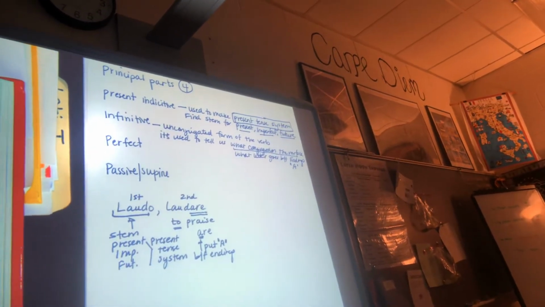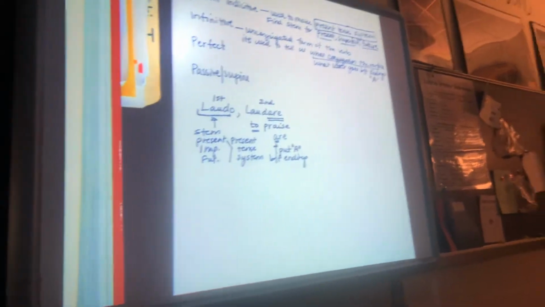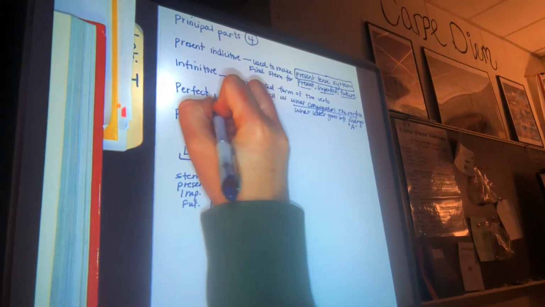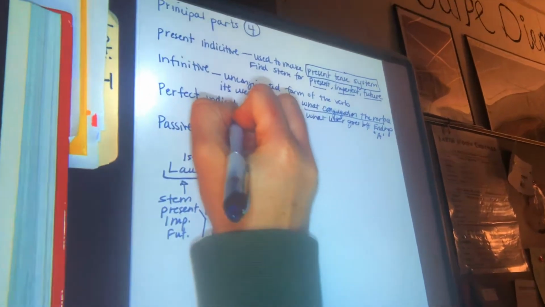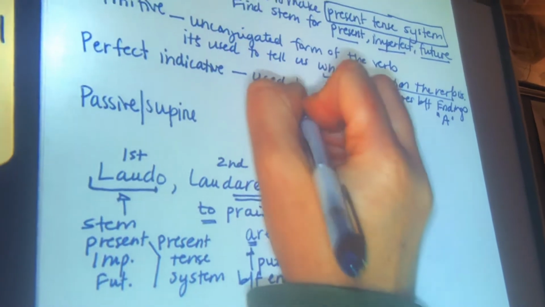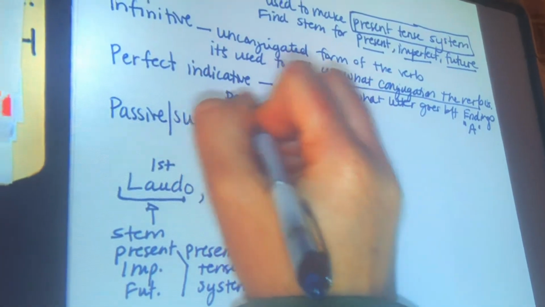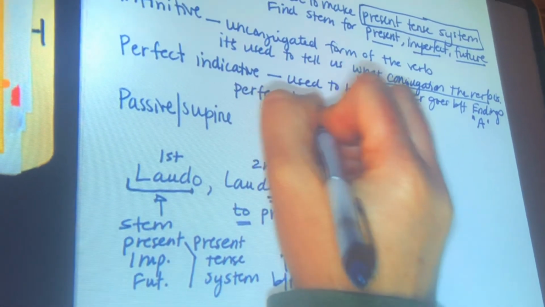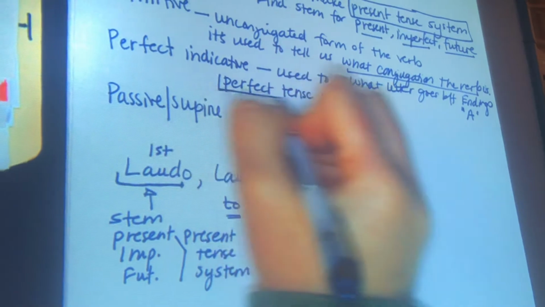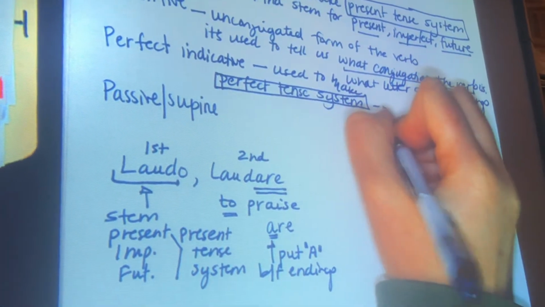So in order to conjugate in the perfect tense, we need to know our third principal part, which is the perfect indicative. And this is used to make the perfect tense system, which is made up of the perfect.